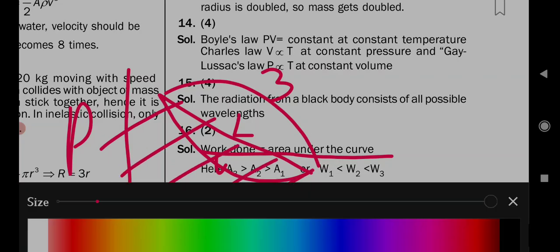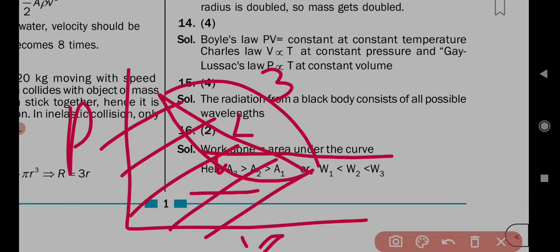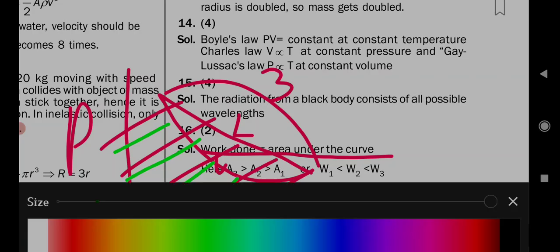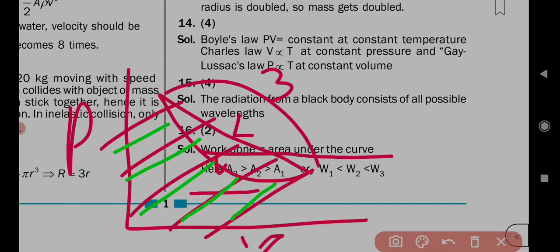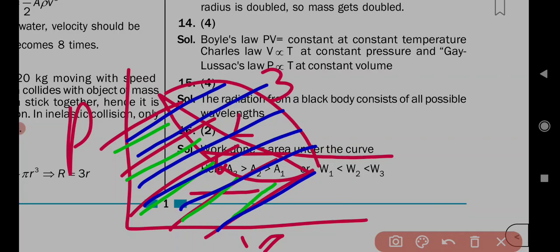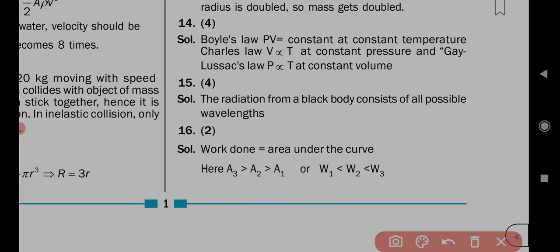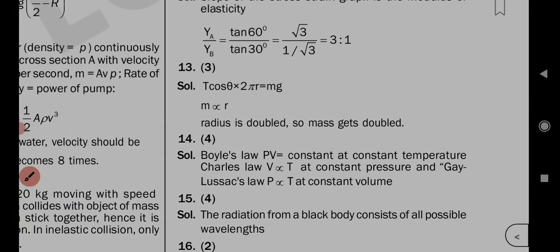I'll draw with different colors: for the first one we'll take green, the second one is already red, and the third one we'll take blue. If you check, the third one has the greatest area, so it has more work done. A3 has more area, so more work done.